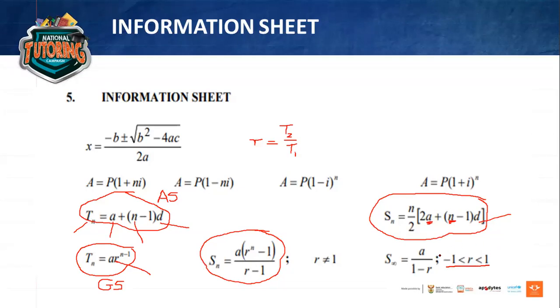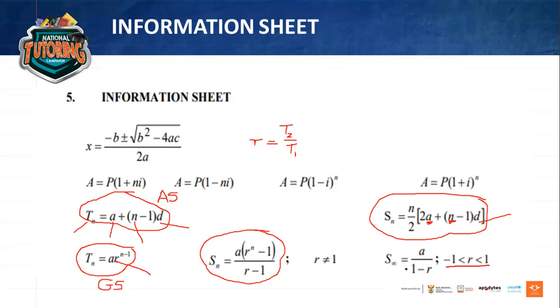The sequence can only converge if r is greater than -1 but r is less than 1. Then the sequence in this particular case is going to be able to converge. But if the condition is not met, then the sequence is not going to be able to converge.